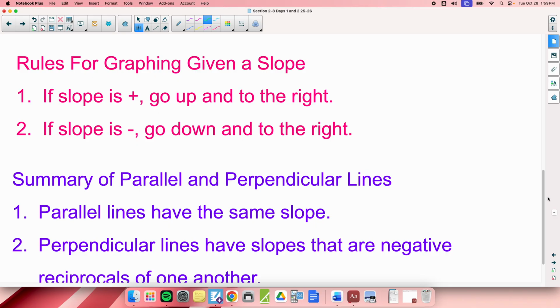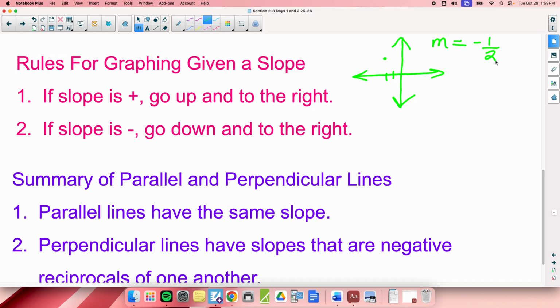One of the things we're gonna do today is there's going to be times that you are given a point. So let's just say you were given (-2, 3), okay? And then what they'll do is they'll tell you a slope. So they could say your slope is -1/2, all right?